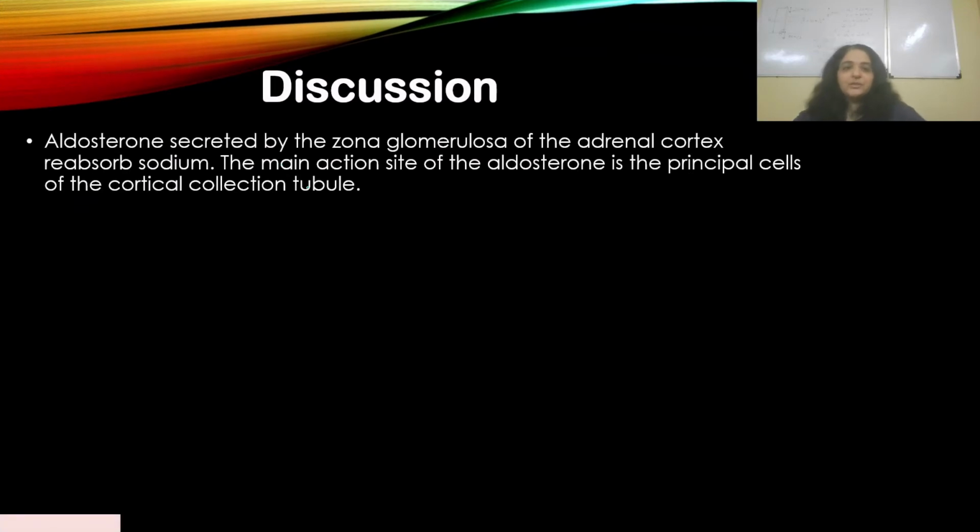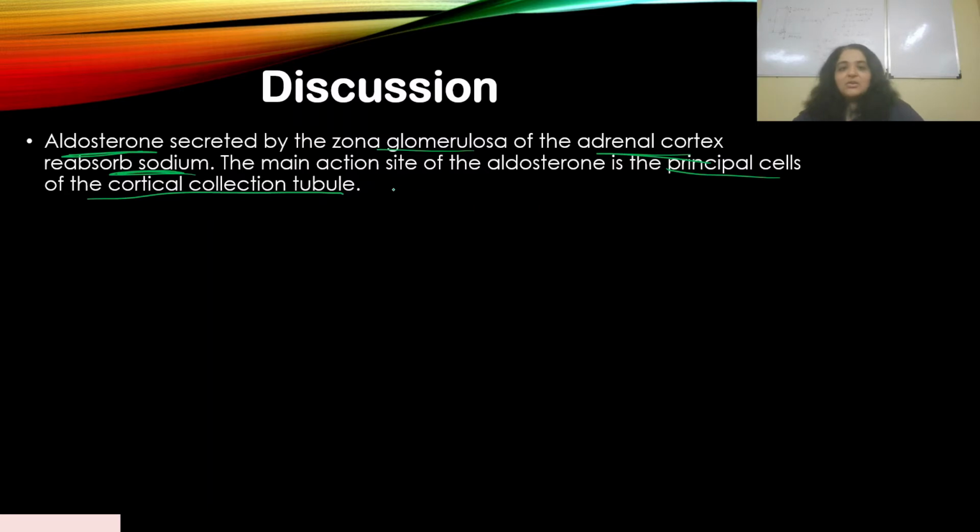Aldosterone. Aldosterone is secreted by the zona glomerulosa of the adrenal cortex. It reabsorbs sodium. So aldosterone plays an important role in reabsorbing sodium. Now the main action site of aldosterone is the principal cells of the cortical collecting tubule.